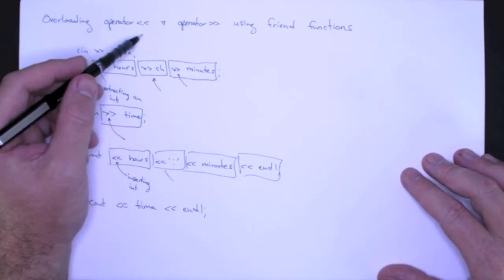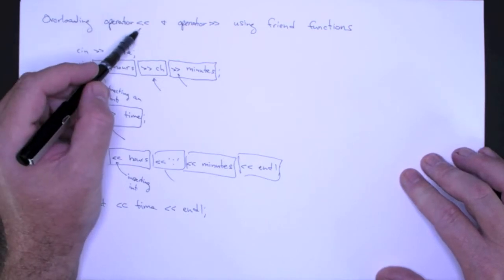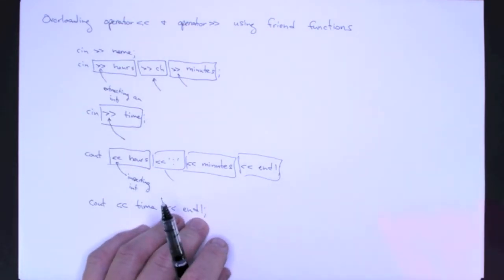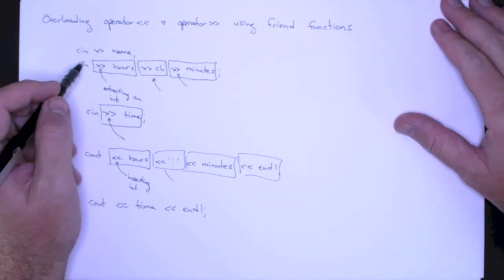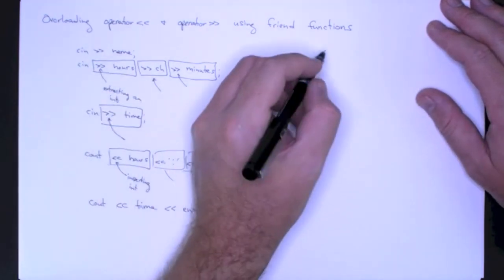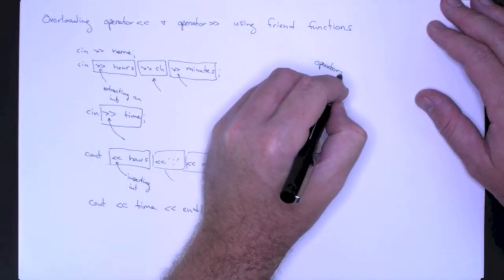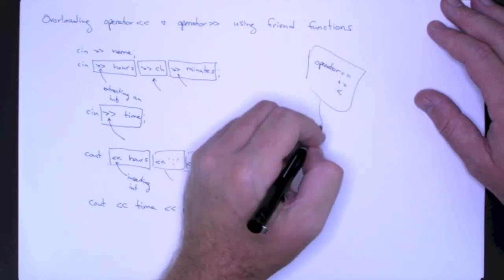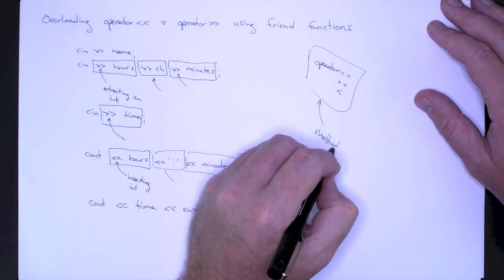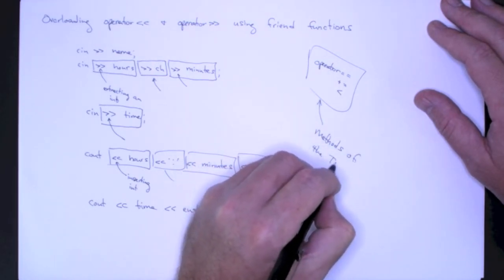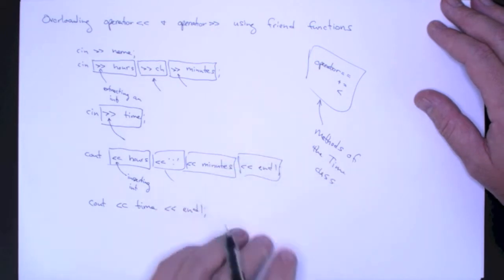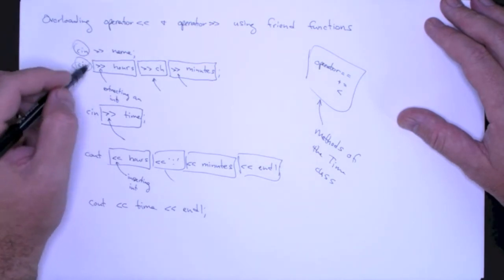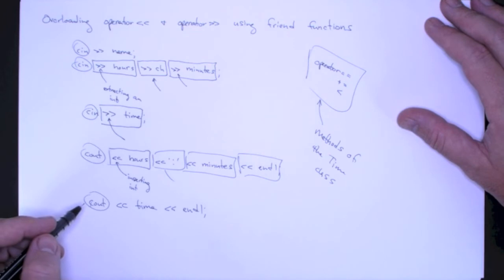So to do that, like overloading the equality and the plus equals operator, we can overload the stream extraction and stream insertion operators, although we do this using a very different mechanism from operator equal, plus equals and less than. So these could be methods of the time class. This actually can't be a method of the time class because, first of all, we're using an input stream and an output stream here.